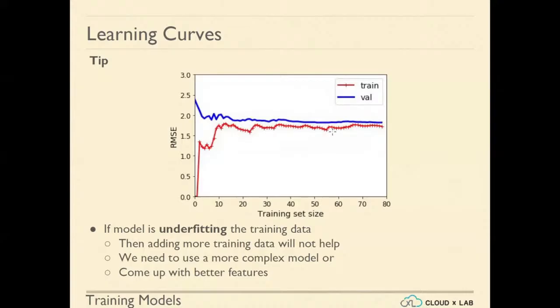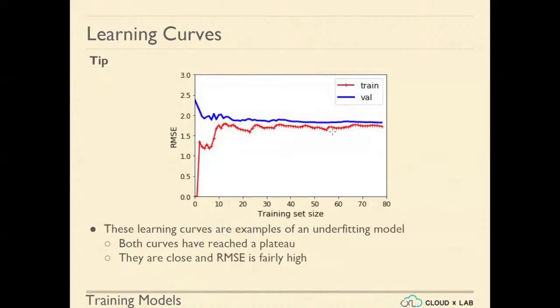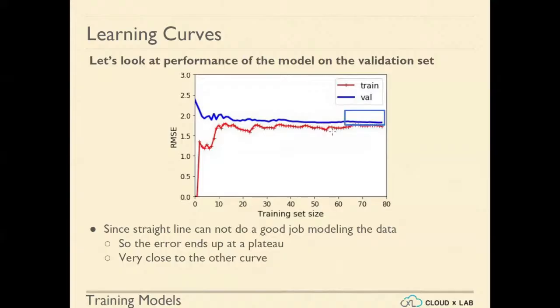Or if you are doing classification, then you will use a more complex model, right? So a linear model is a simple model, so you will use a non-linear model to increase model complexity, and that will fix this underfitting issue, right?